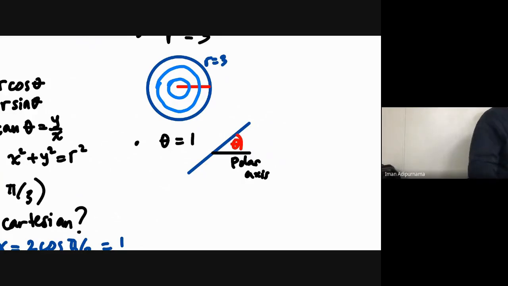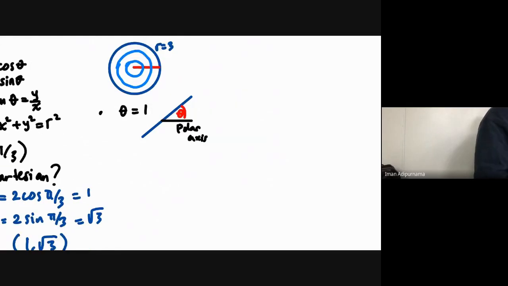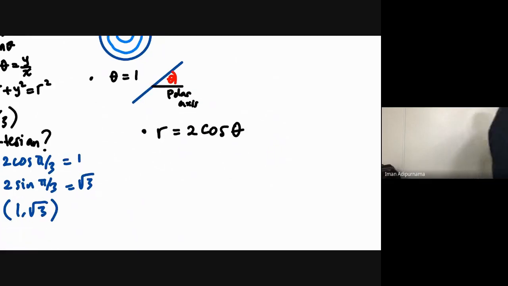Now, the third case, what will happen if you have r equal to cosine theta? I think I already mentioned it in basic math, right? Some of you. What will be the shape if you have this polar equation? Remember?